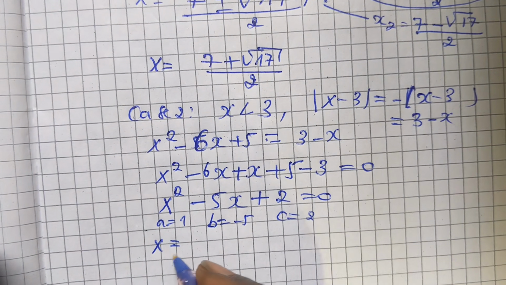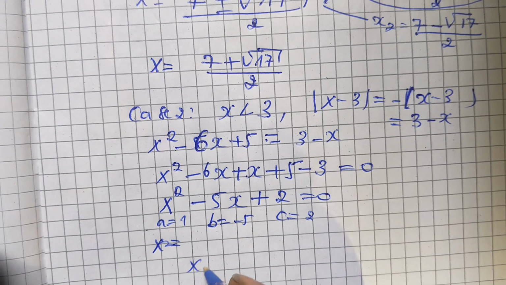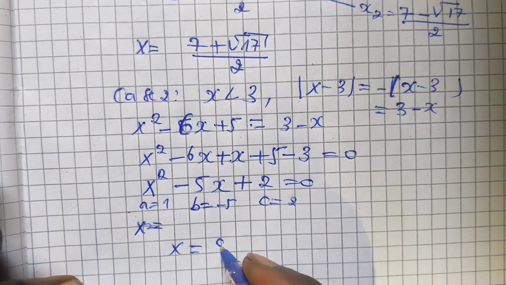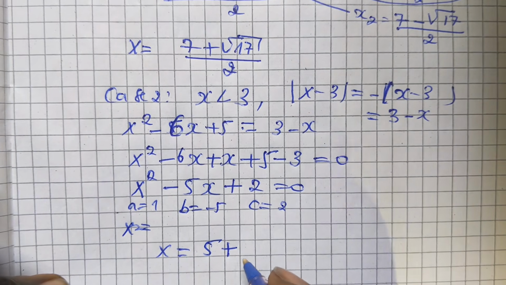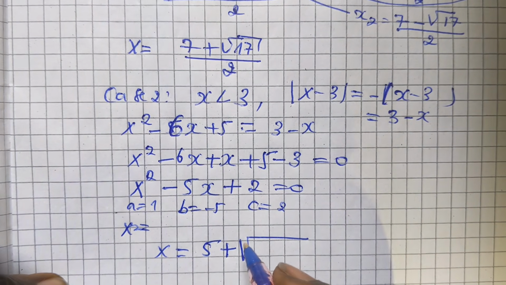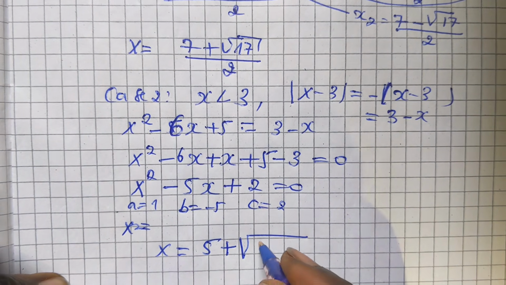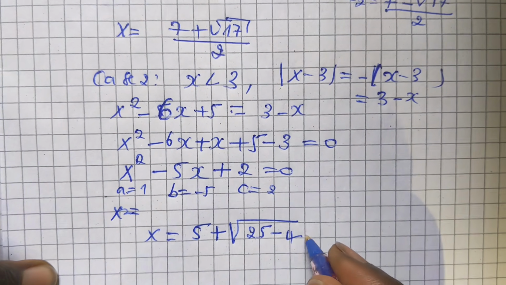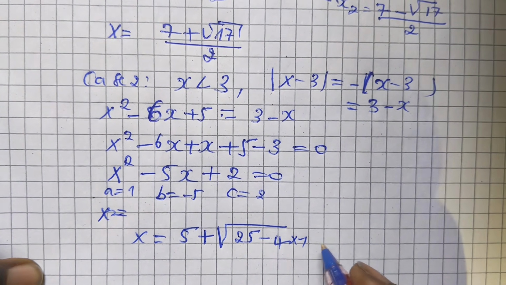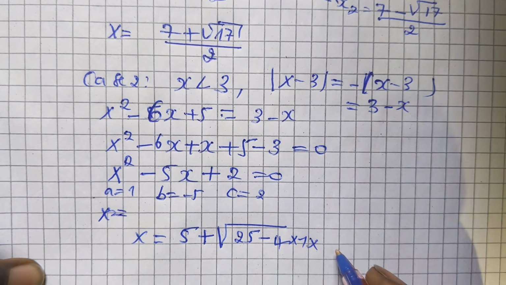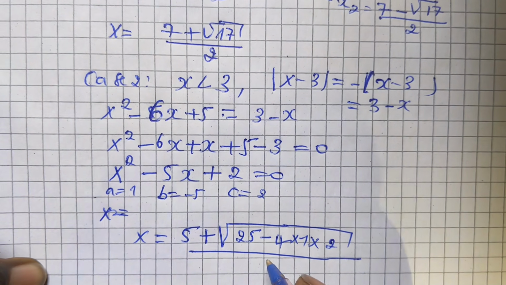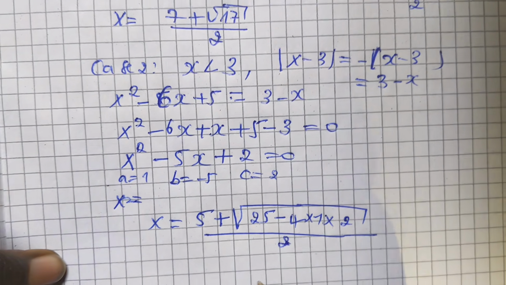Then by finding the values, x will be equal to negative b, which will be equal to 5, plus or negative the square root of b square, which will be 25, negative 4 times a which is equal to 1, times c which is equal to 2, over 2a. A is equal to 1, and then over 2.